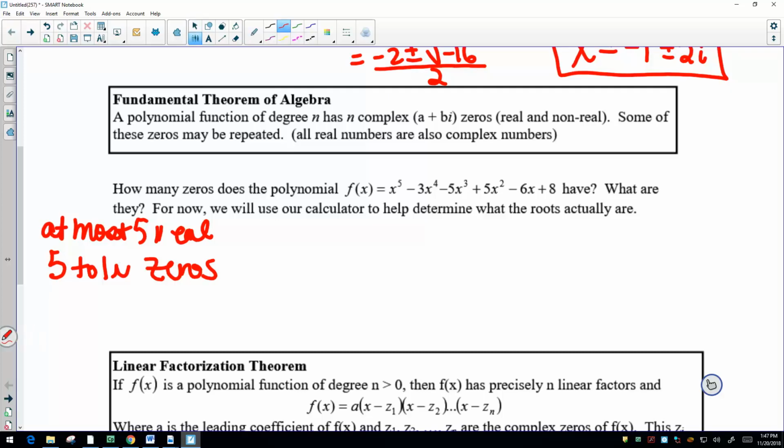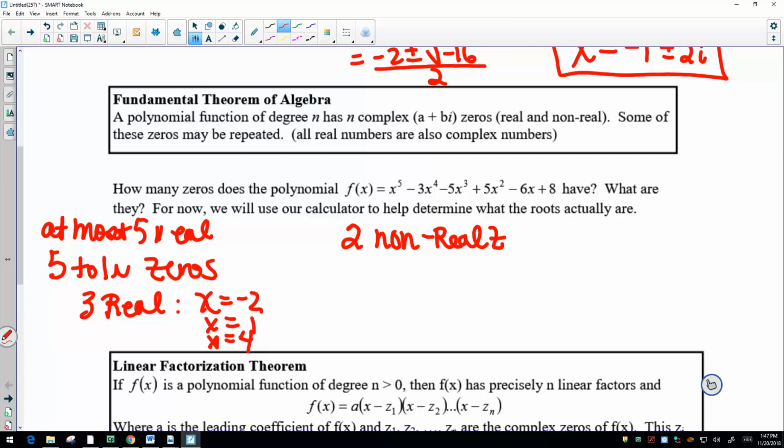So we can at least say we have 3 real zeros, and those zeros we know are negative 2, 1, and 4. What that's telling us then is we have 2 non-real zeros that are left over. And we're going to find those on our last question of this video.